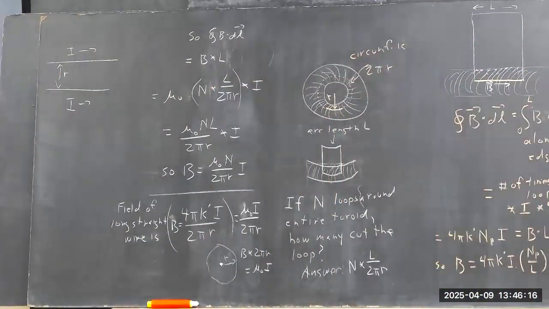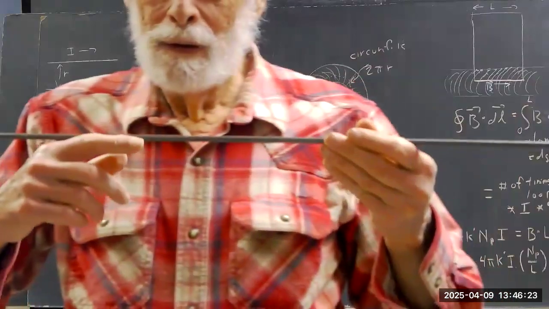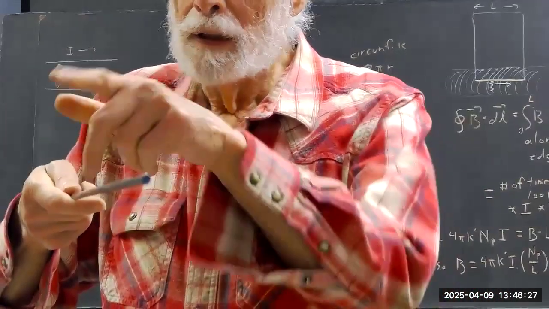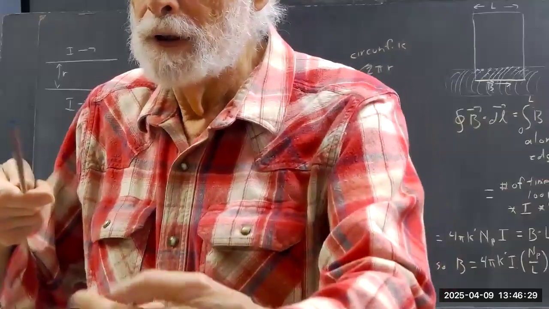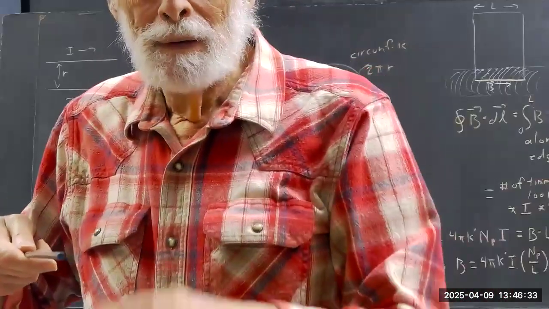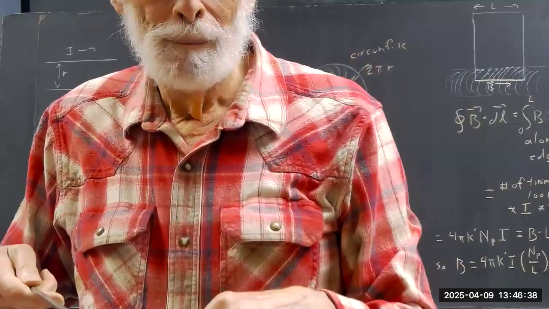Okay, I'm going to pull out my standard wire here. Here's a wire, you're kind of looking at the end of it, and you've got a magnetic field surrounding the wire. And you've got another wire over here.